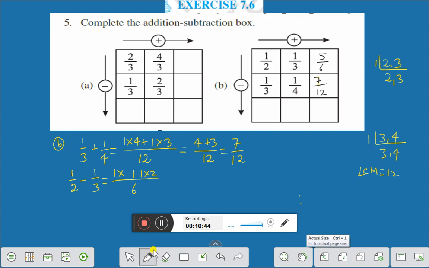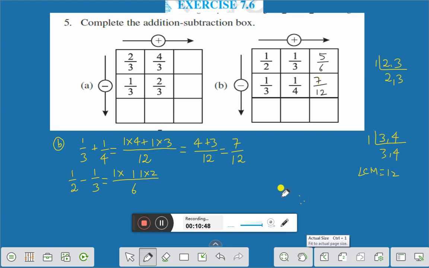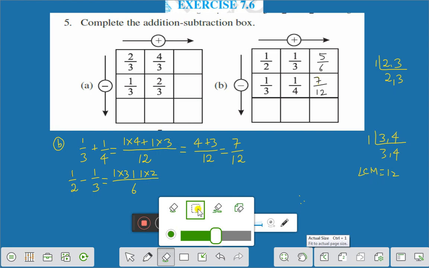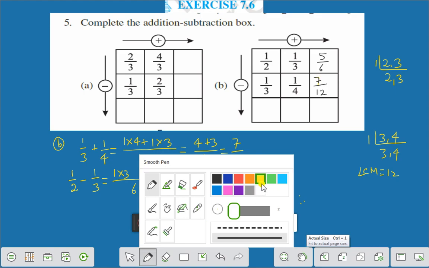Right. Let us take the value. 1 by 3, what is the value we are getting?